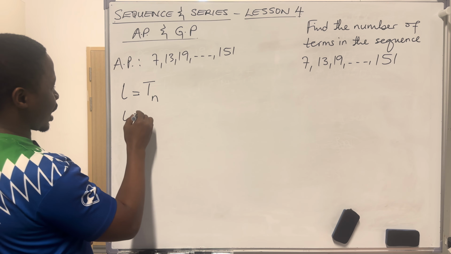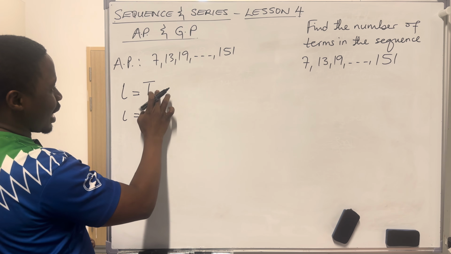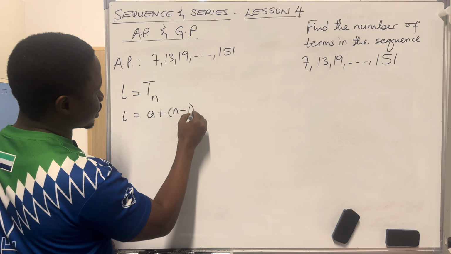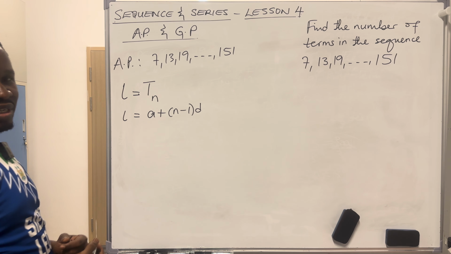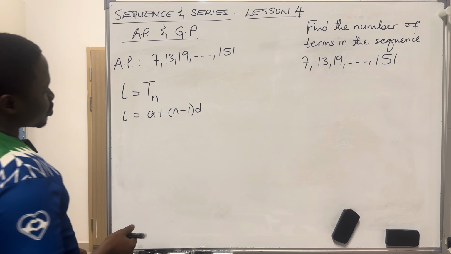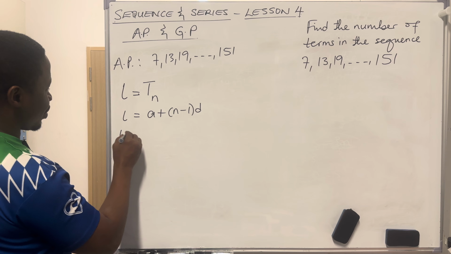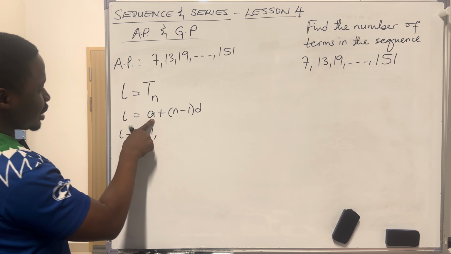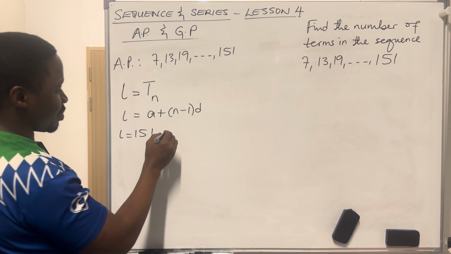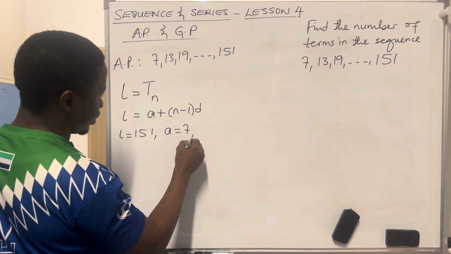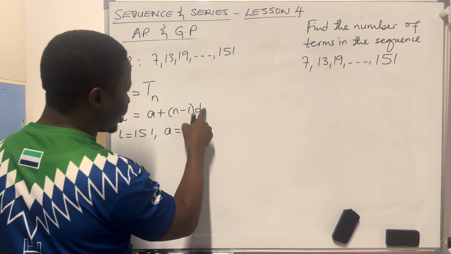So for AP, the nth term is a plus n minus 1 multiplied by the common difference. What is the last term now? The last term is 151. What is a? a represents the first term. So what is the first term? It is 7. How about the common difference?